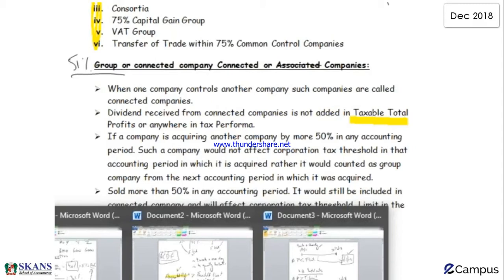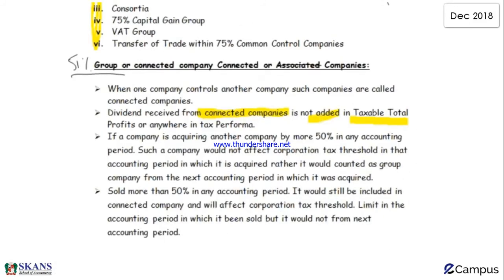Well, one of the implications is corporation tax threshold limit for companies. Well, that has direct impact upon payment of tax, and secondly, which has again impact upon payment of tax, dividend received from any of the connected or group companies is not added into the taxable total profits in order to find out augmented profits. Why? Because we only add non-group dividends to that.